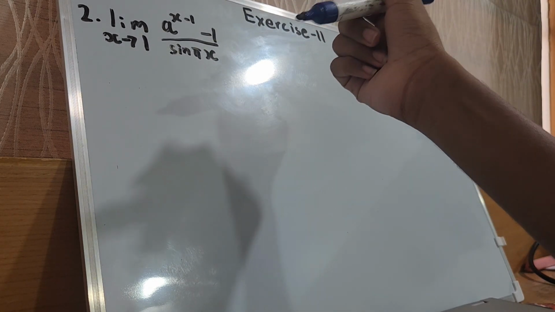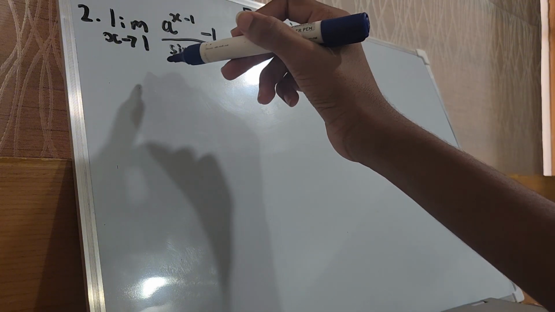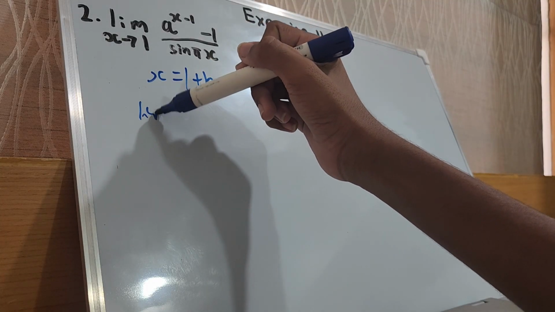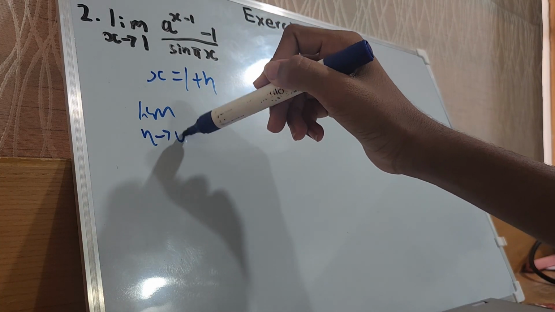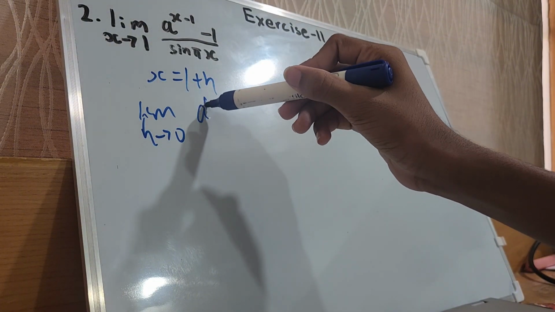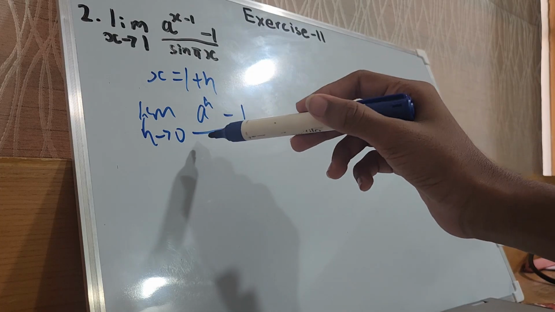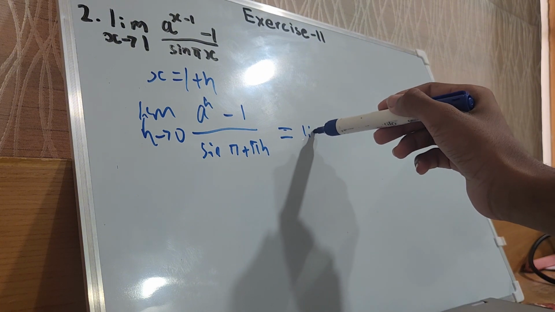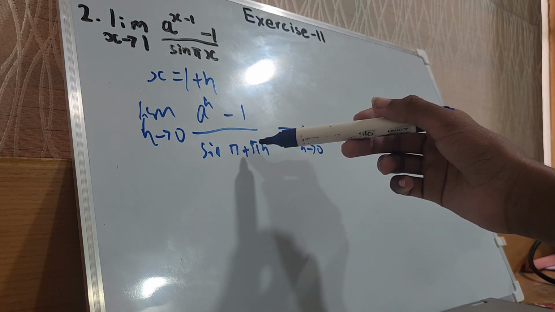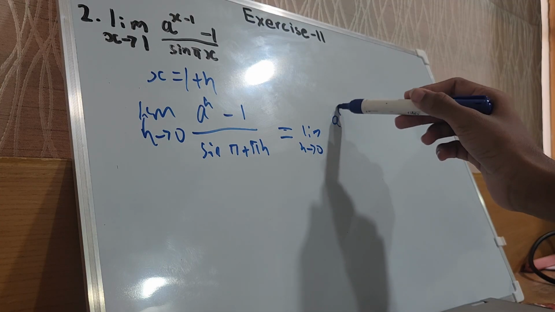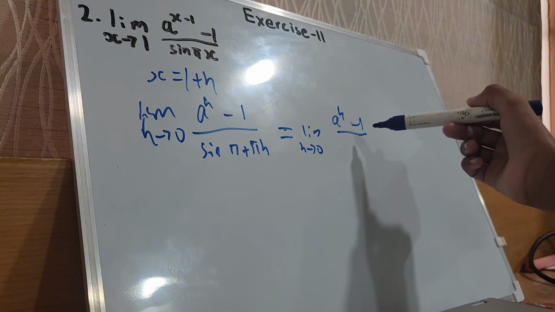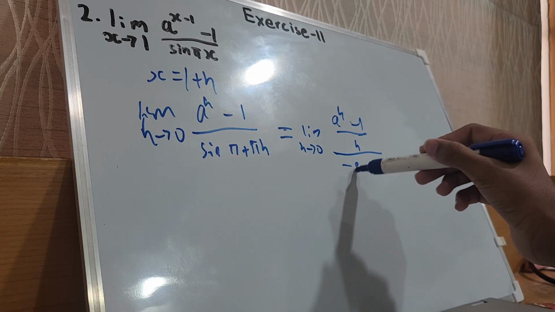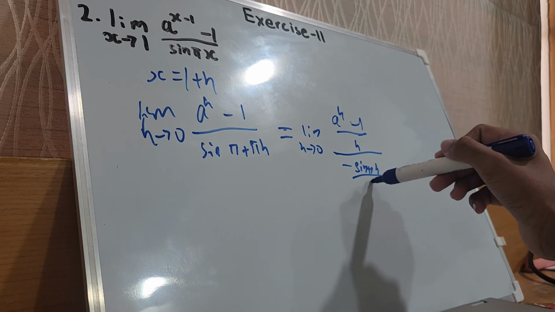Let's replace x as 1 plus h, so h tends to 0, a to the power h minus 1 by sine of pi plus pi h, which is equal to limit h tends to 0, a to the power h minus 1 by minus sine of pi h. Dividing by h, we get a to the power h minus 1 by h, over minus sine of pi h by h.